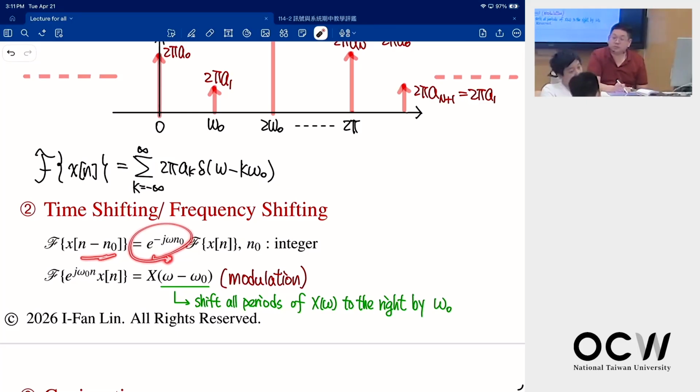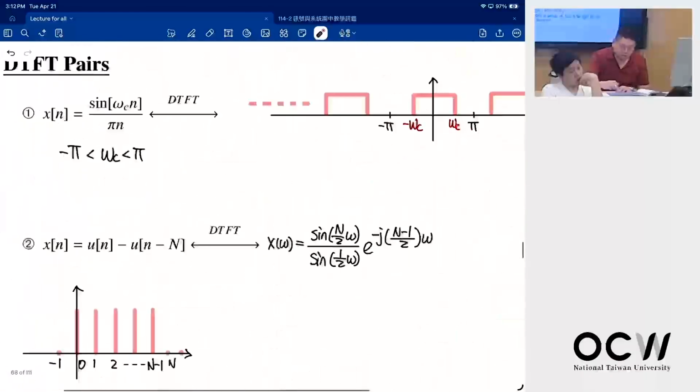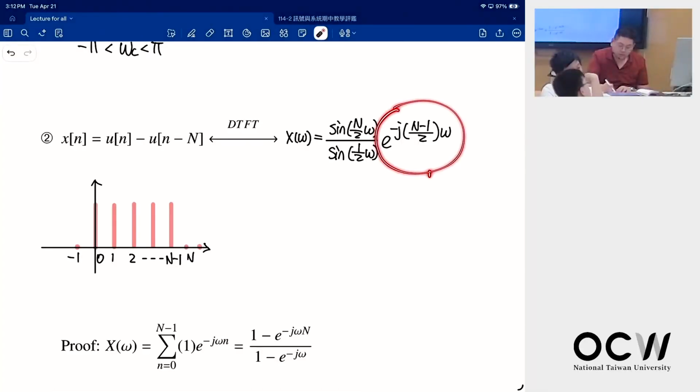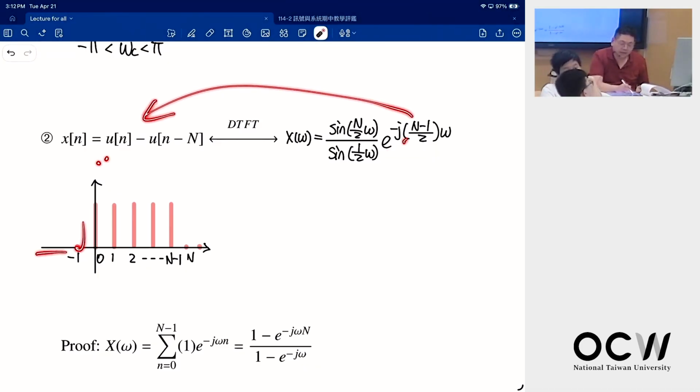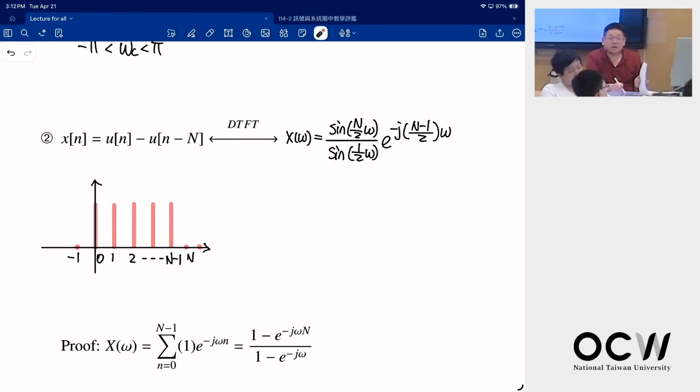The Fourier transform magnitude is the same, but just a different phase. So it looks like here we also times the complex exponential. That means maybe something in time domain I shift to like this one. Then I will times this complex exponential. You can think about how.